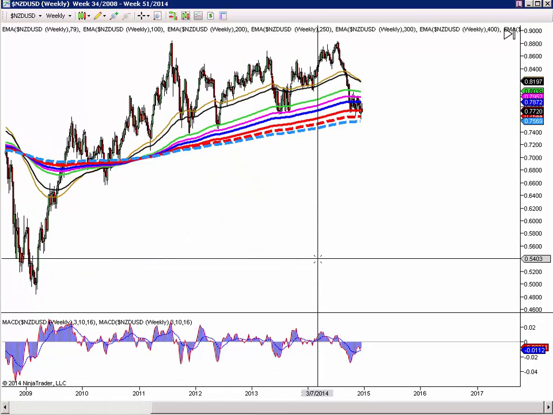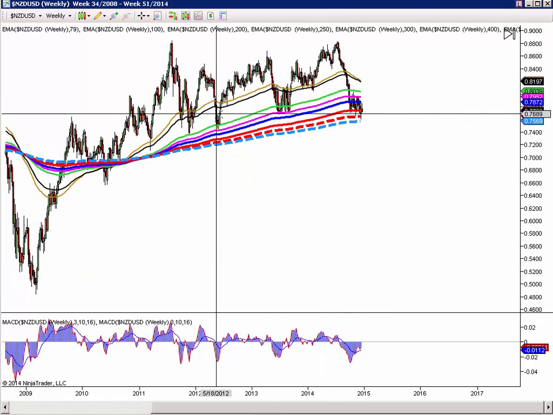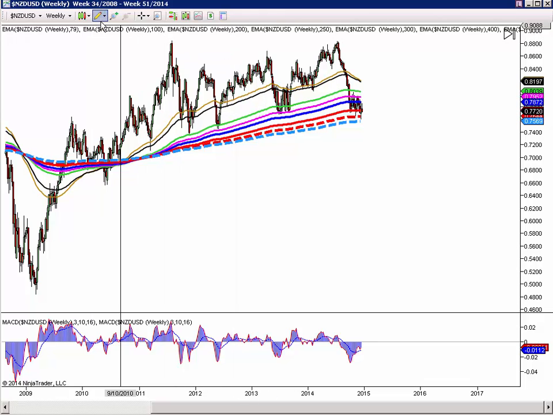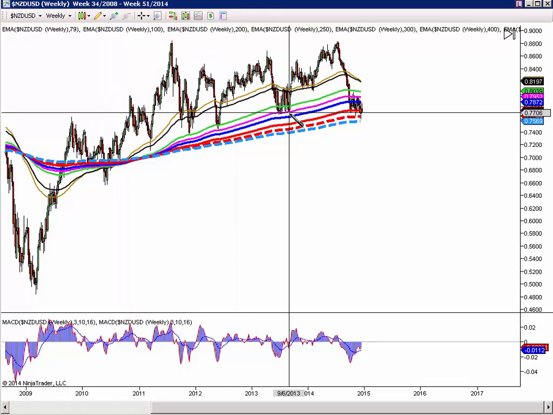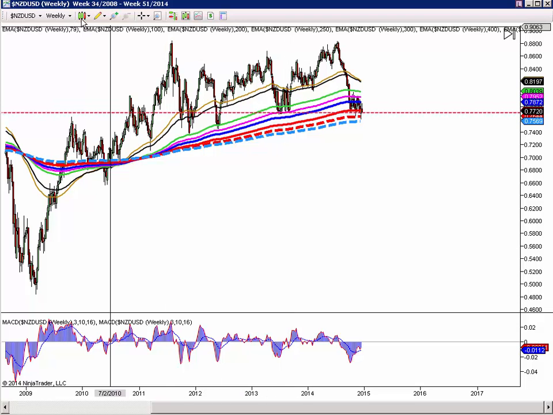So number one, we see all the different support here, right? We see all that. That's established itself. Right in here, big key area.